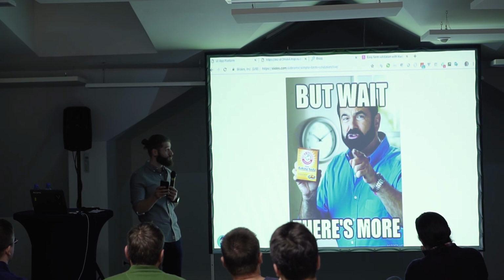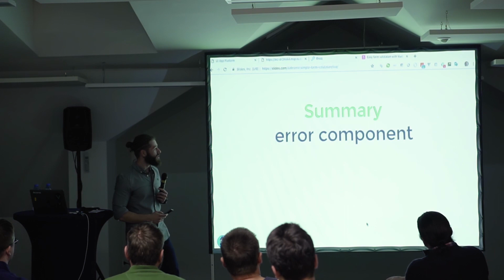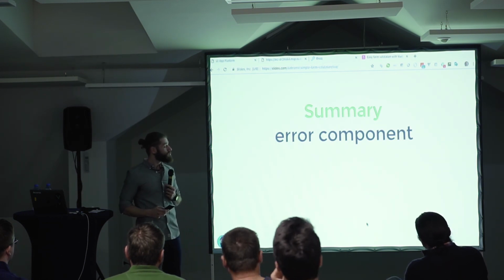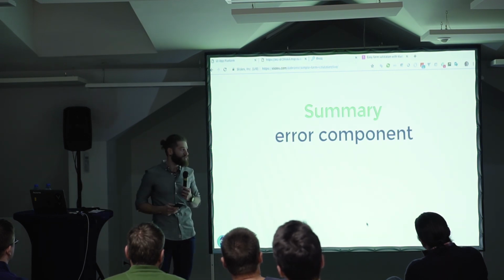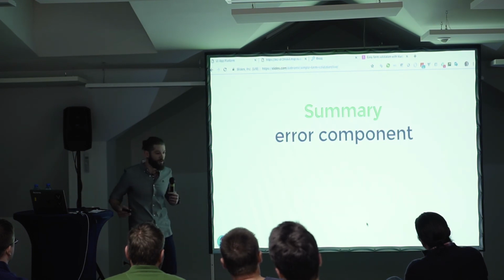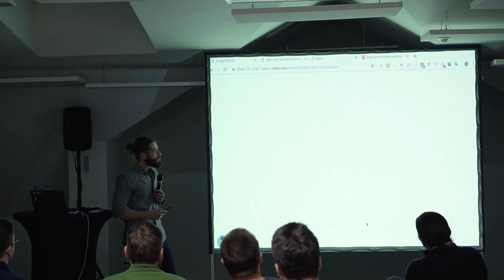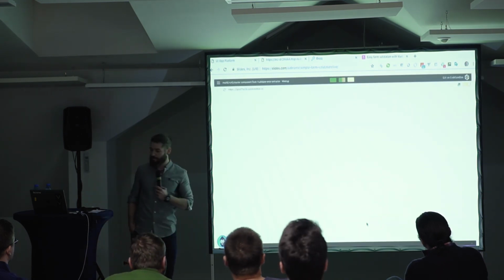But there's more. Billy Mays, if you don't know who he is, the TeleShop stuff. Sometimes you need a summary error component, which stays on the top, and once you submit a form, it tells you you have all of these errors, or you do a pop-up or something. Oh yeah, there's actually an example.